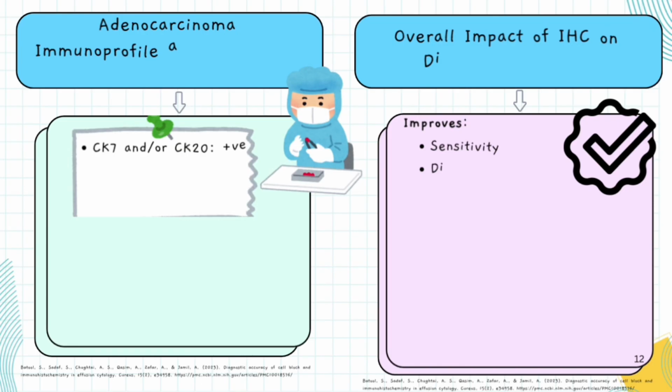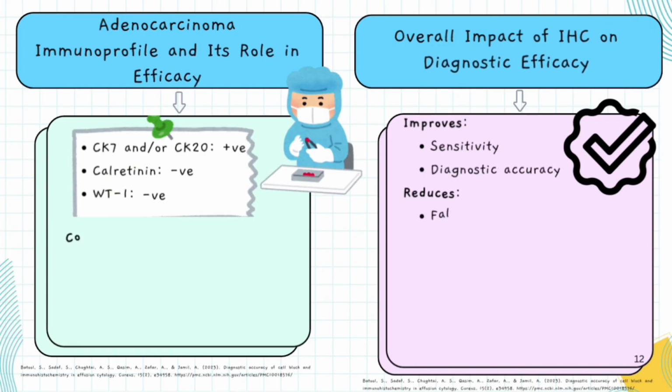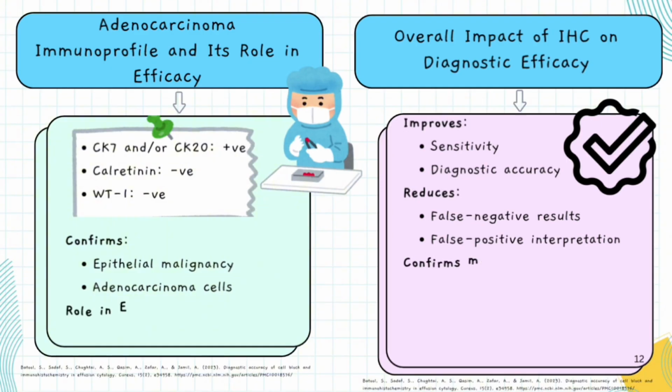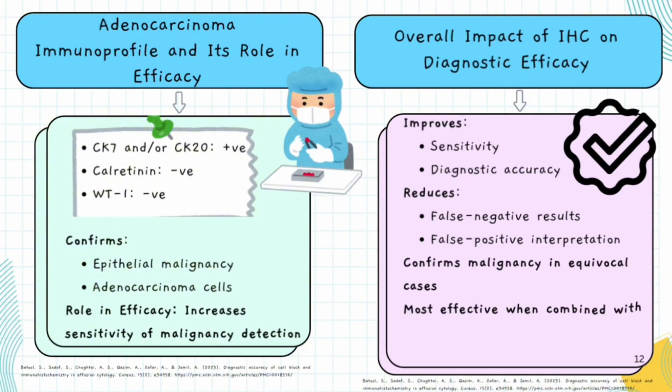Adenocarcinoma immunoprofile and its role in efficacy. Adenocarcinoma cells are positive for CK7 and CK20. They are negative for calretinin and WT1, confirming epithelial malignancy. This helps identify tumor origin, differentiates malignant from mesothelial cells, and improves detection in low cellularity or poorly differentiated samples.